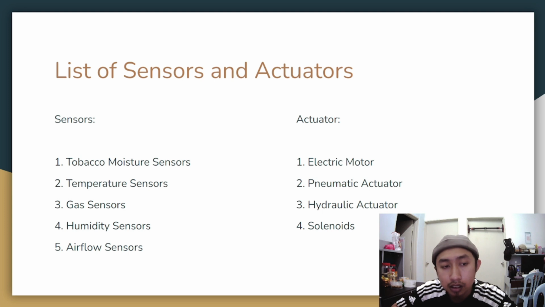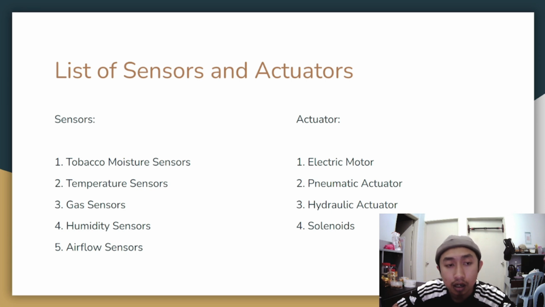The first sensor is the tobacco moisture sensor, second the temperature sensor, third the gas sensor, fourth the humidity sensor, and the last the airflow sensor. For the actuators, first the electric motor, second the pneumatic actuator, third the hydraulic actuator, and the last actuator is the solenoid.